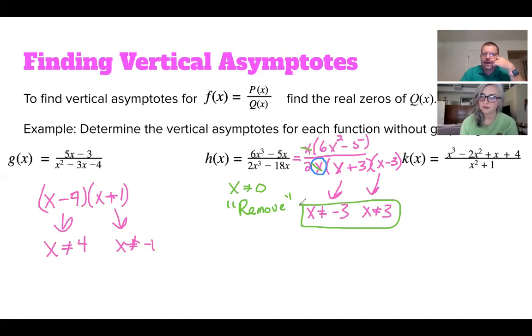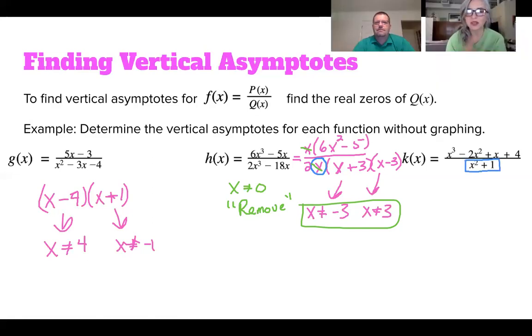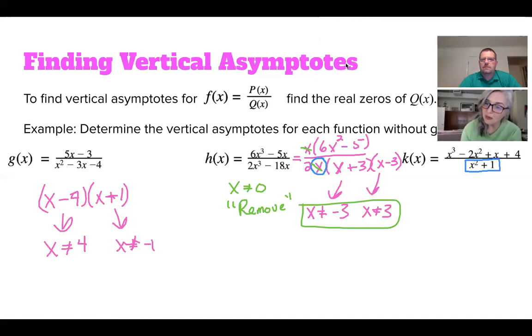What about k of x? Well, I'm going to ignore the numerator for just a second because it's ugly. And also, I'm looking down here because that's where I would look for a vertical asymptote anyway. I want to try to factor x squared plus 3, but it's not the difference of squares, it's a sum.